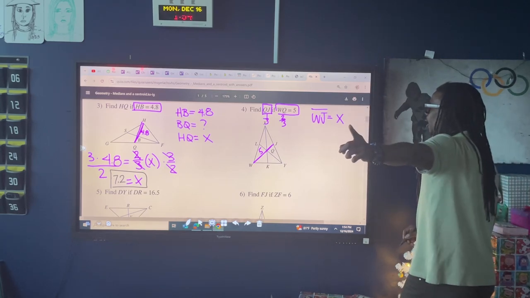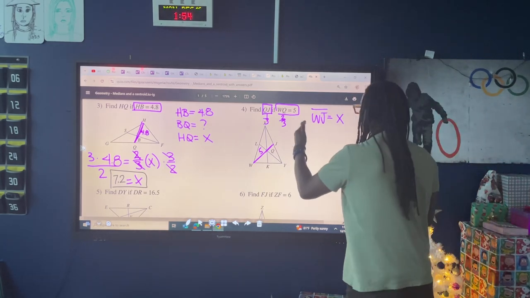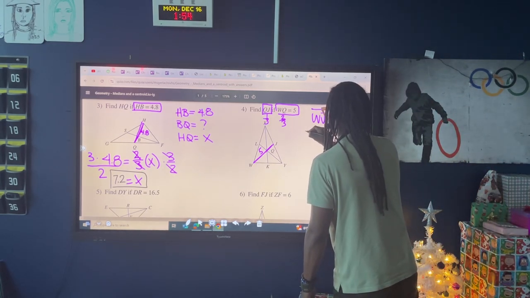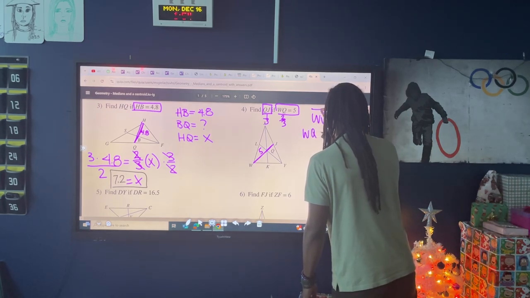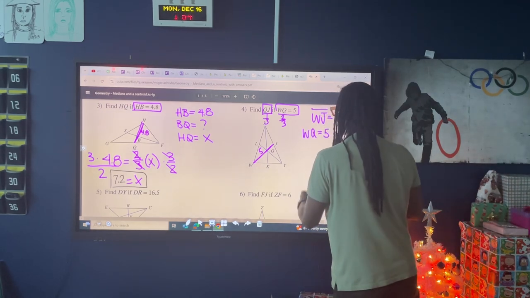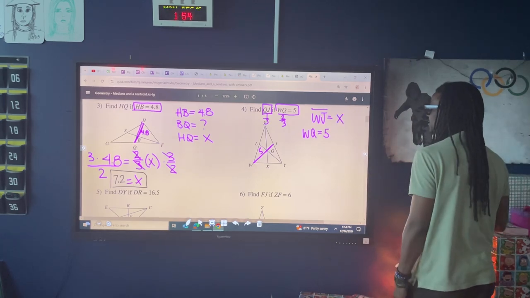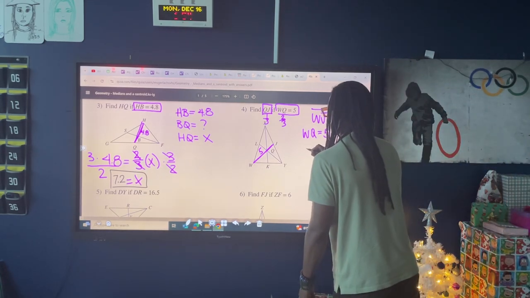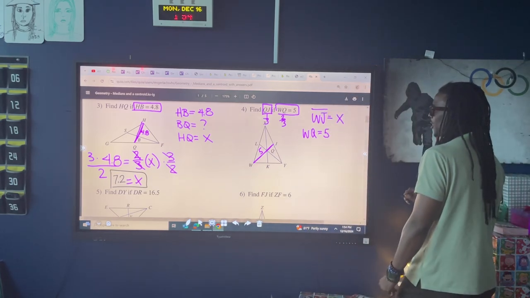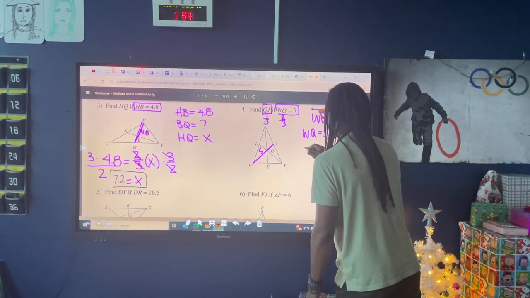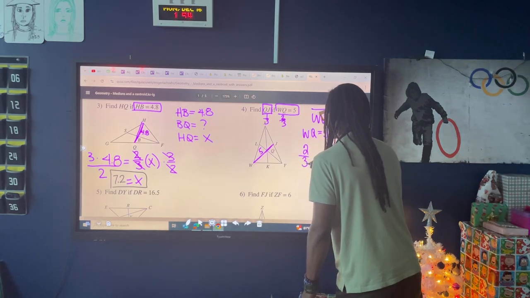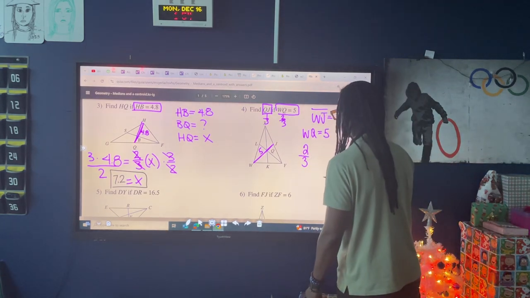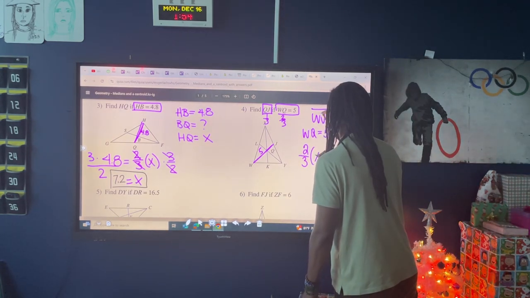You already know 2/3 of that, because you just said that WQ is 5 and that it's 2/3 of X. So how would I set this up?